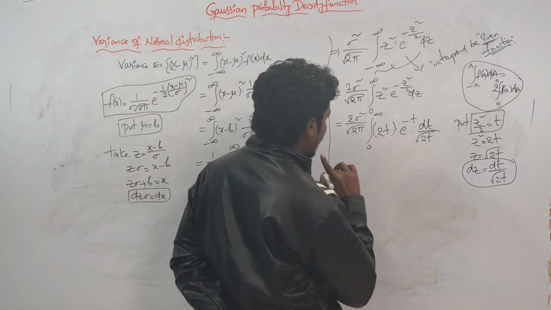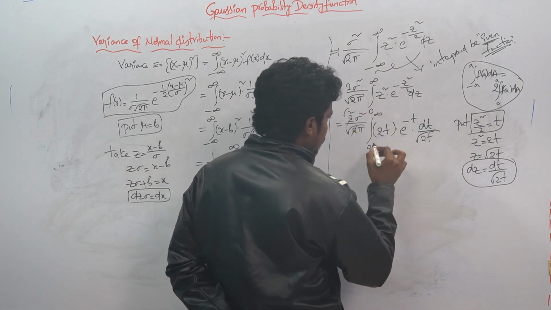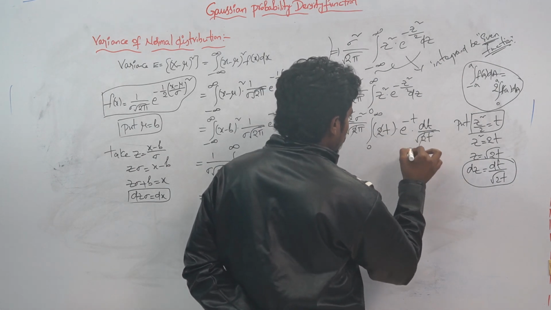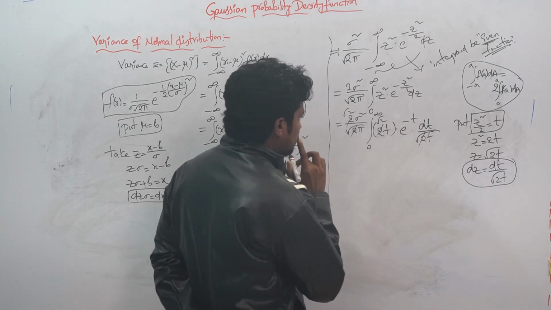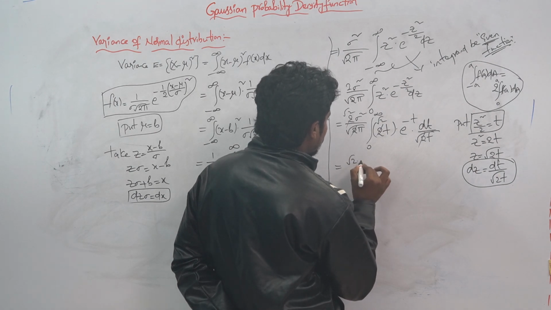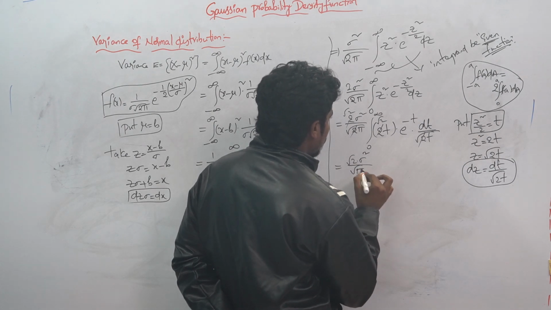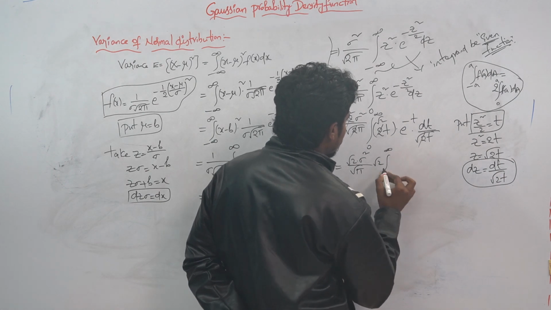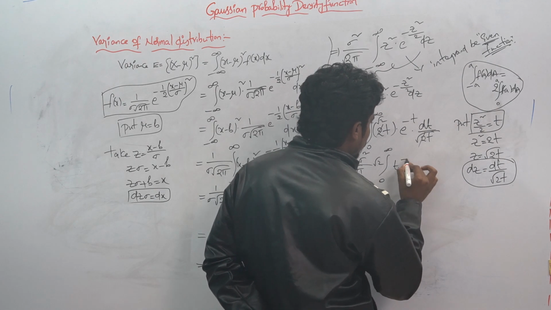And here do the calculation. This will be taken as root 2 times, and this will be useless, root 2 times, and how much will you get? 2 into root 2 into sigma square divided by root pi into root 2, from 0 to infinity, that will be t into e power minus t.